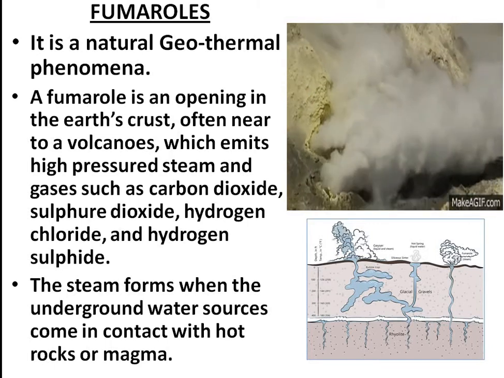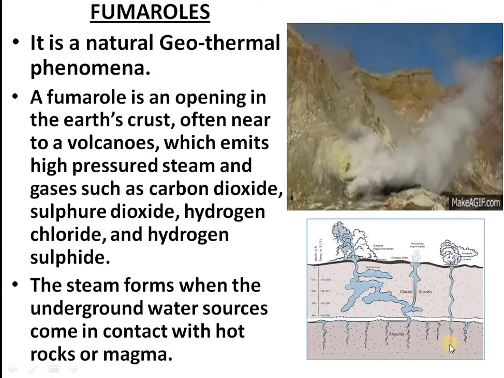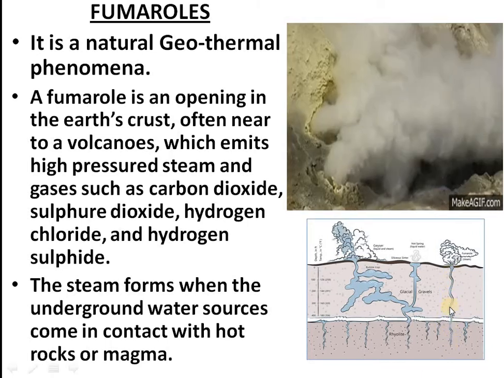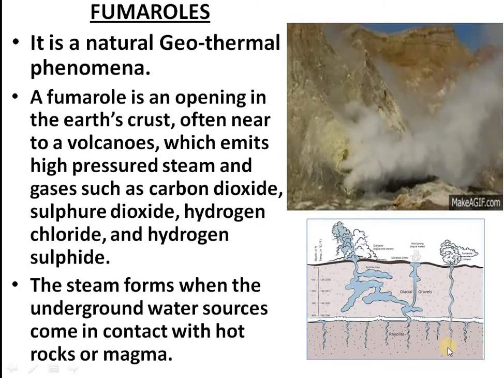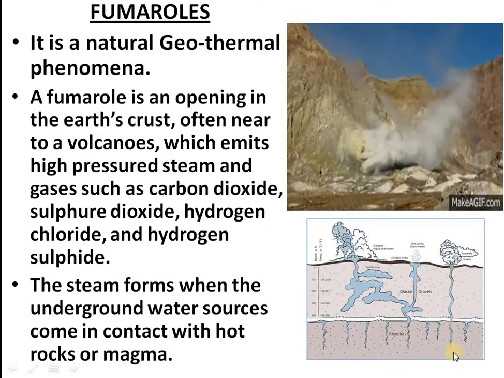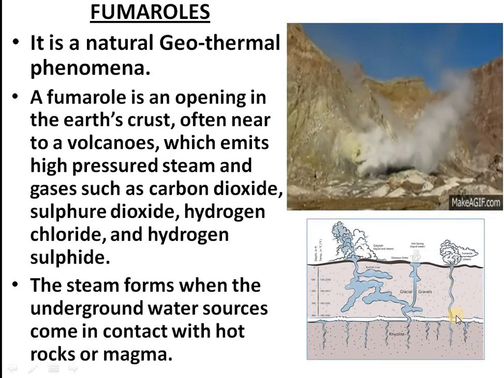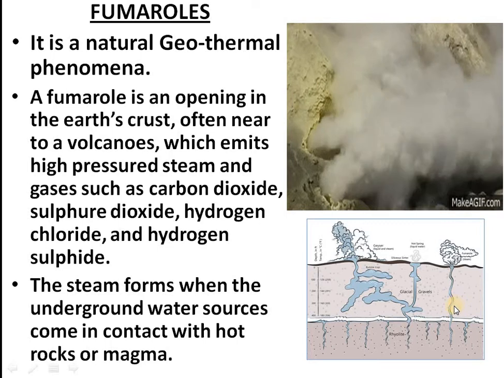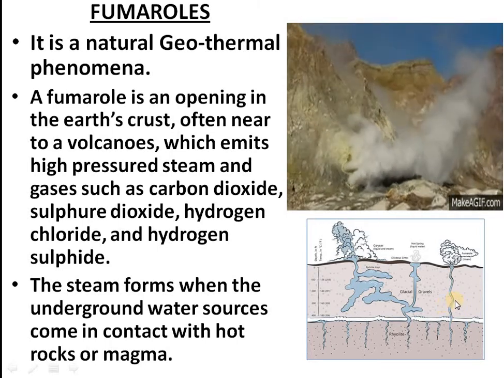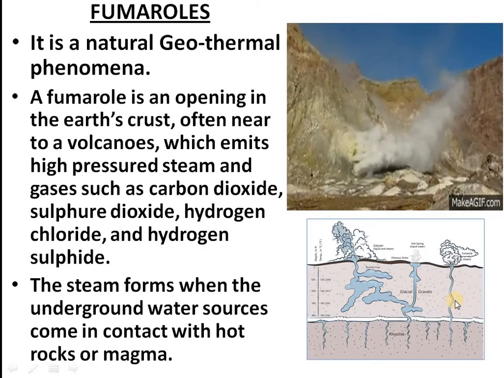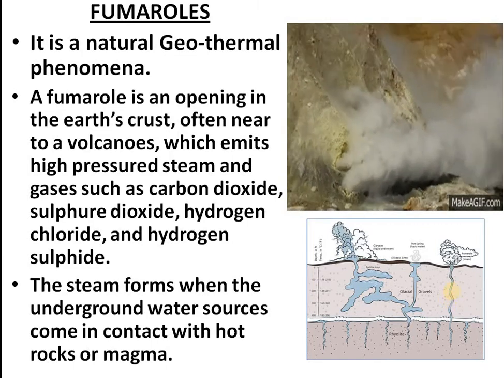For example, in the figure you can see a thin water reservoir that is in contact with the magma or hot rock. Over millions of years this water gets heated up and up, and high pressure is generated.